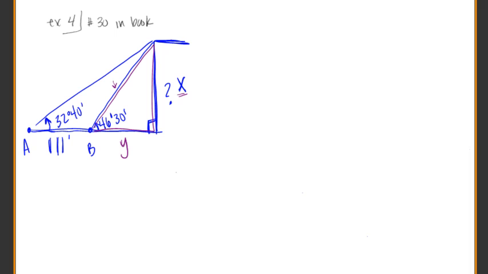So if I use my rules of SOHCAHTOA and I want to write an equation, since I'm not really having to find our hypotenuse, tangent's the only one that doesn't have anything to do with the hypotenuse. So we can say the tangent of that angle, 46 degrees and 30 minutes, is going to equal the side opposite of that angle, which was x, over the side adjacent, which was y. Okay, so that uses one of those triangles.